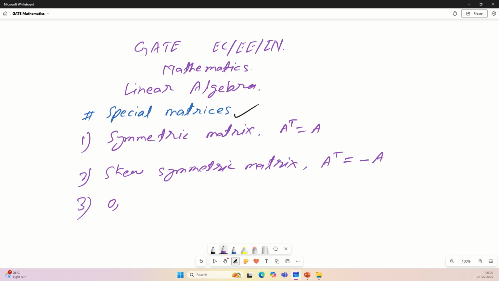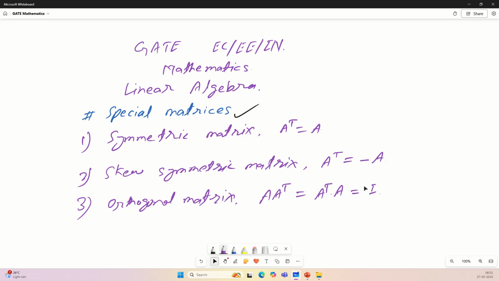The third one is the orthogonal matrix. We will take examples and questions later. If a matrix is said to be orthogonal, it must satisfy this property: if you multiply the matrix by its transpose, or multiply the transpose of a matrix by the matrix, this must give you the identity matrix.